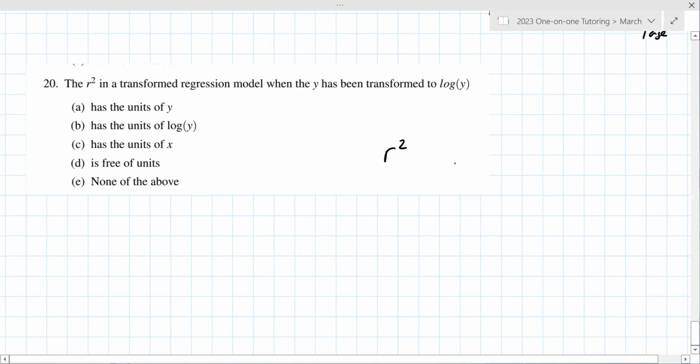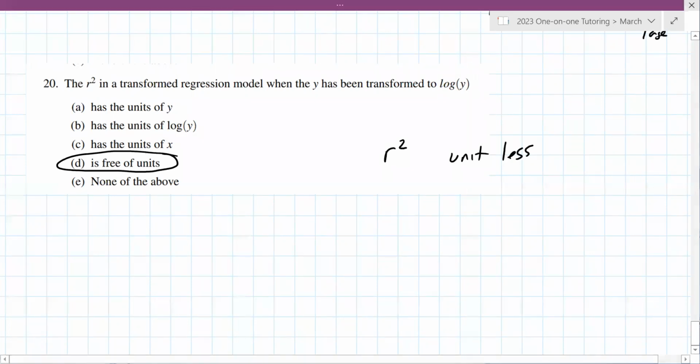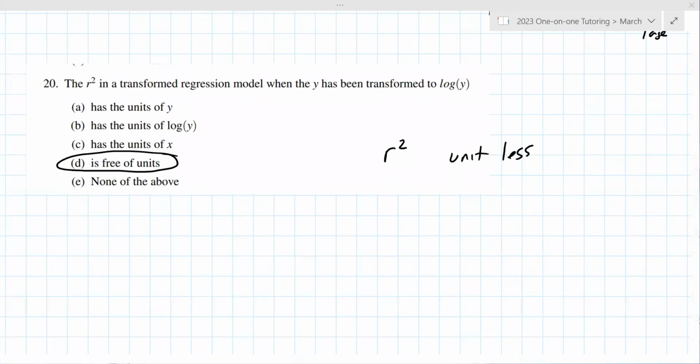It's really a percentage, like how much of the output variable is predicted. It's unitless. That's exactly right. So converting it doesn't matter; after transforming it, it's still unitless. Okay, that one I get.